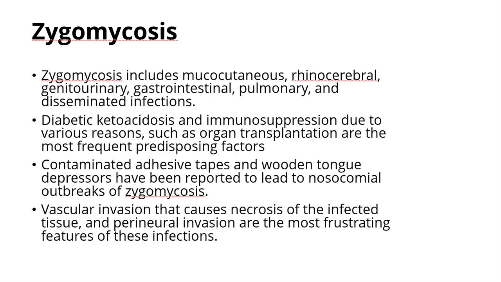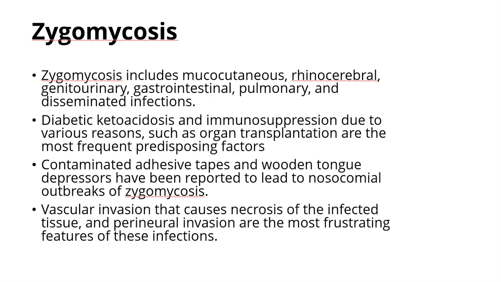Now, if you get a disease with zygomycosis, it is usually in the mucus or skin part. It can be in the genital tract, or in the gastrointestinal tract. A lot of times when you get these, it's due to diabetes or immunosuppression.